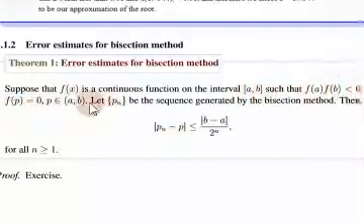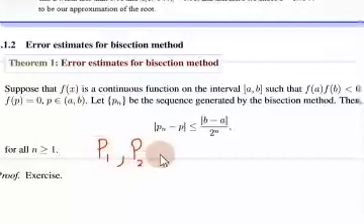So this is the sequence p sub 1, p sub 2, p sub 3. These are your midpoints. p sub 1 is the initial midpoint, the second midpoint is p sub 2, then p sub 3.